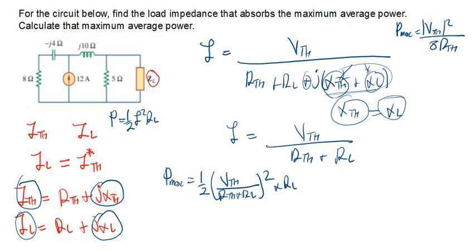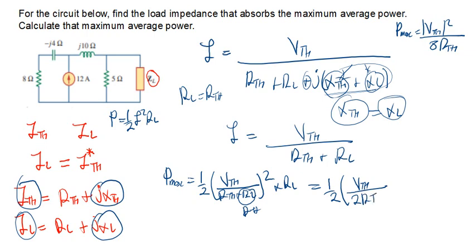This is where it gets interesting. We had said that for maximum power to be delivered to a circuit, your R load needs to be equal to your R Thevenin. So where I have R load, I'm going to put R Thevenin.